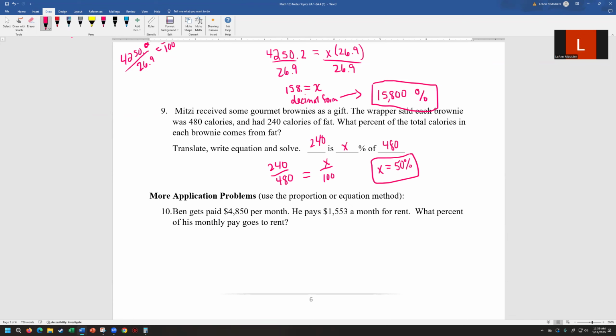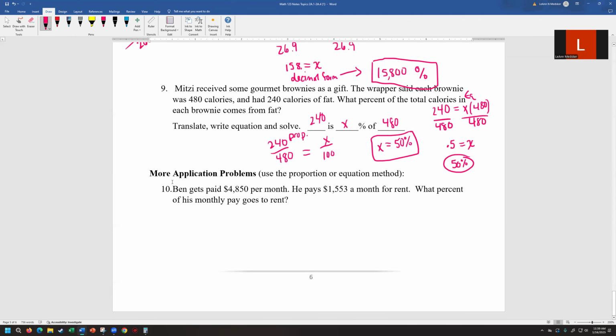You would have divided by 480. And notice when you do that on your calculator, you actually get 0.5. But because this is the equation method, and this is the proportion method, when you do the equation method, you have to physically remember to convert that to a percent. Okay, so that's the difference between the two.